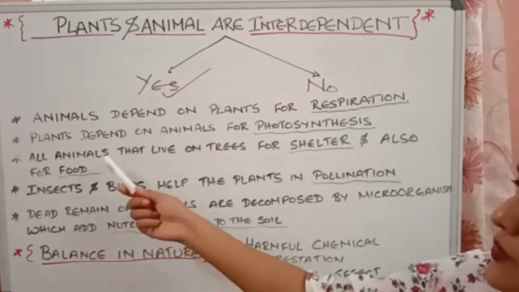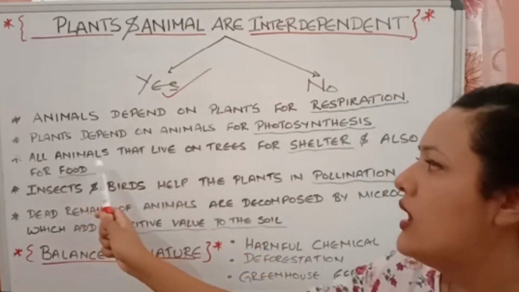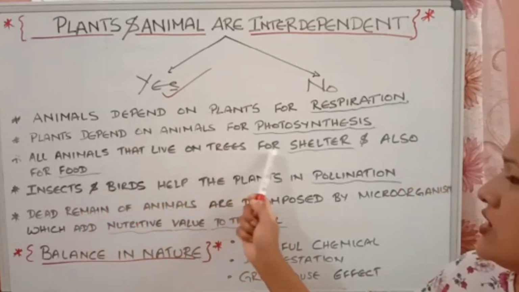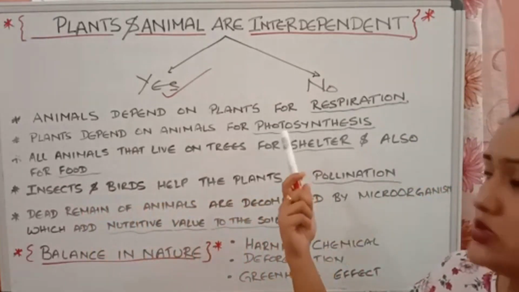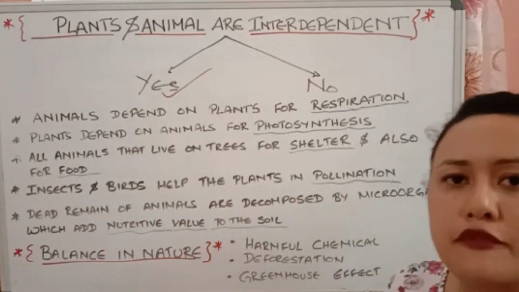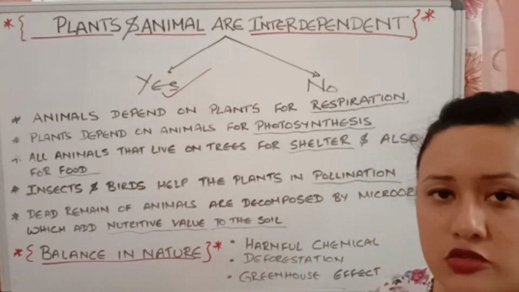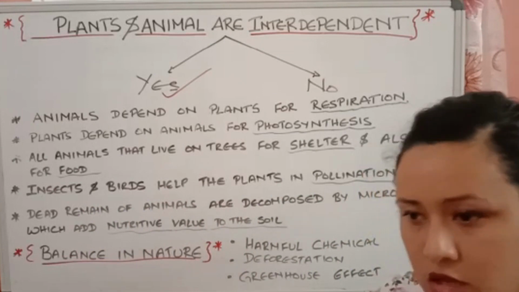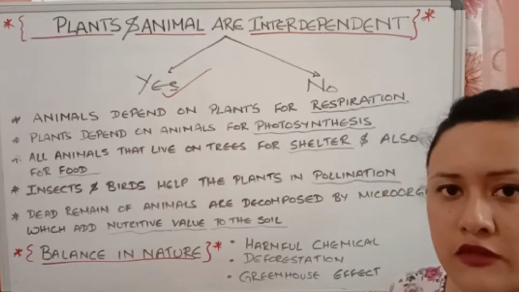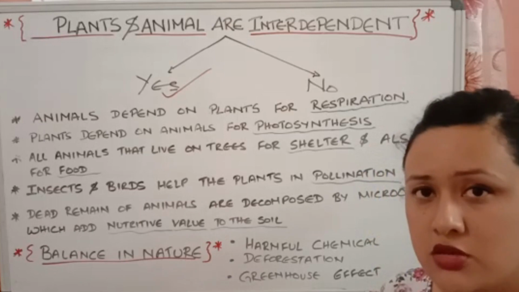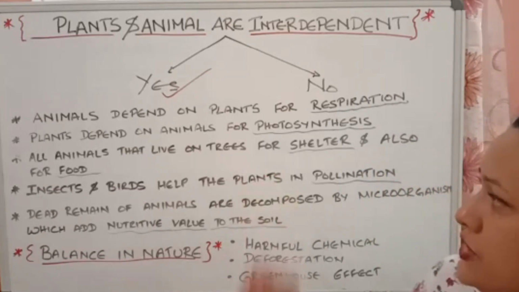Yes. Now another point, the third point here is all animals that live on trees for shelter and also for food. You all know most animals live in the forest areas, in the trees and all. Insects also live there, birds, monkeys and all, you can imagine that they live in trees.